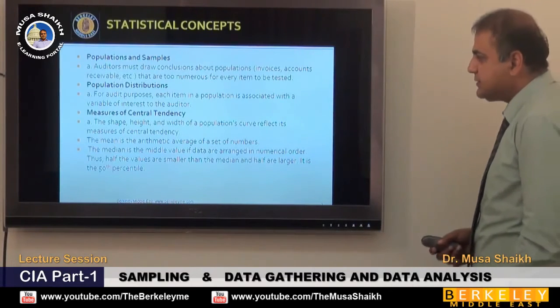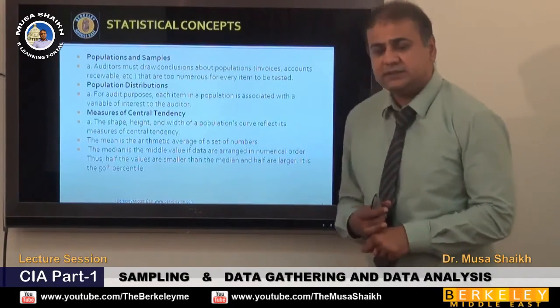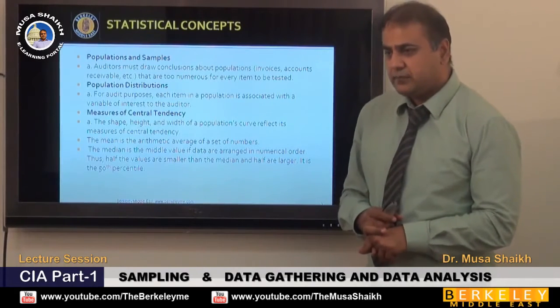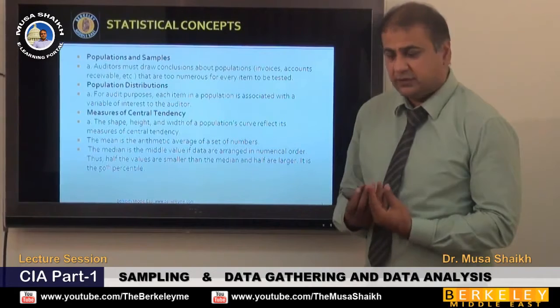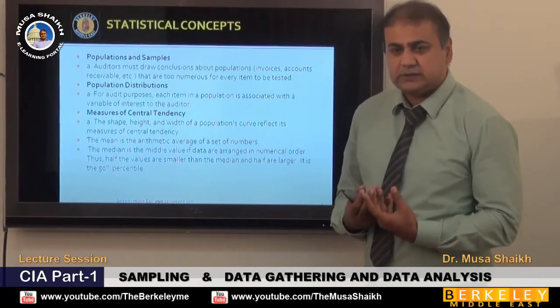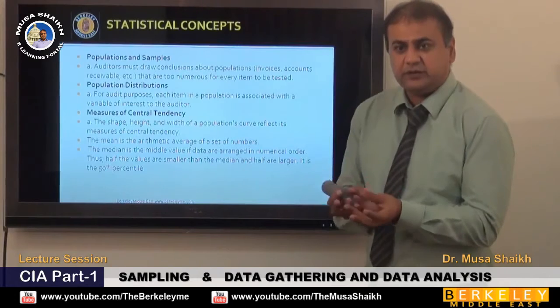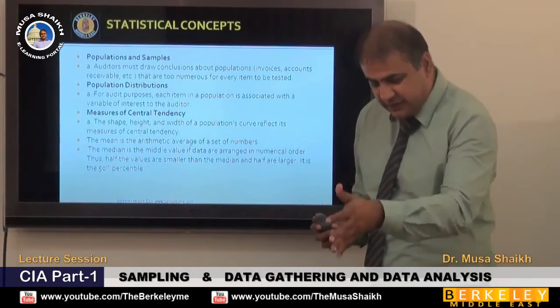Measure of central tendency. Okay, what is central tendency? We have to see the tendency of the behavior, because we are auditors and we have to see where most of the things lie. It is like gravity in physics.